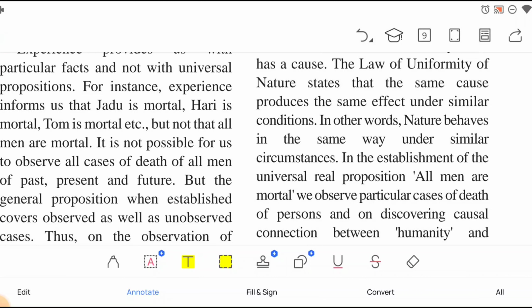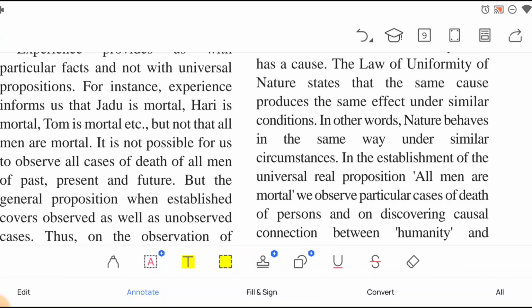But when we talk about the uniformity of nature, we can conclude that if people have been dying for so many years, then obviously we will also die in future. So we can conclude that all men are mortal. That's how we can solve the problem of induction.